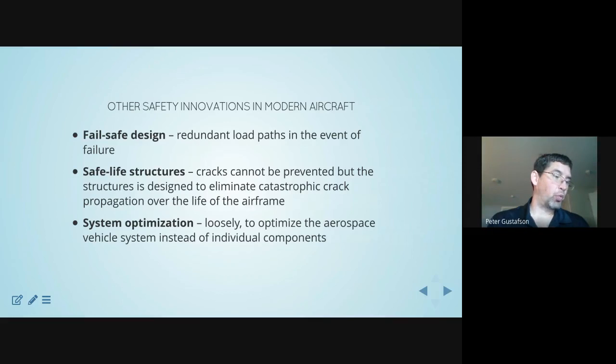Jeremy asked, does wing morphing have benefits over variable wing sweep designs? The short answer is yes. There's, of course, a much larger answer as well.